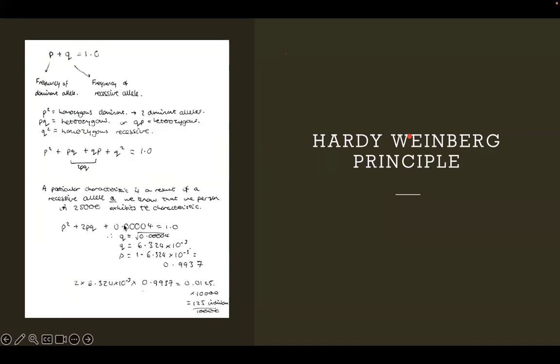You do a little bit of rearranging, and you also use this formula up here. You can work out, as you can see from all my workings here, the different values. I hope this little walkthrough makes sense. So p² is the homozygous dominant frequency, q² is the homozygous recessive, and 2pq is the heterozygous. And I've gone through that example there.